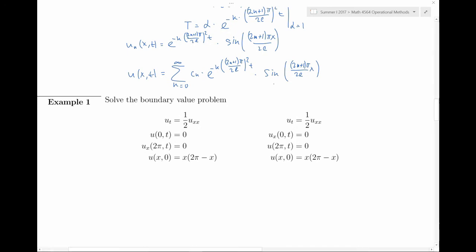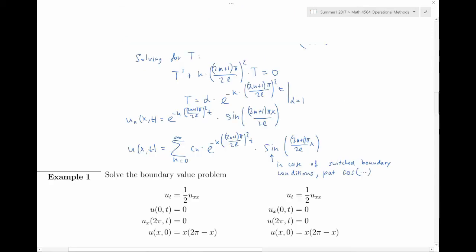Since I kind of ran out of space, I'm just going to write it here. In case of switched boundary conditions, change sine to cosine.